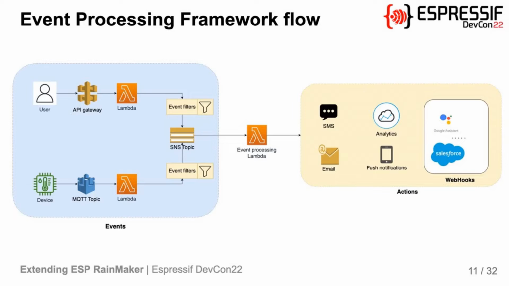The events which are triggered go to the SNS topic, and this SNS topic is subscribed to the event processing lambda. Your event processing lambda will require permissions to access all the 16 event topics that Rainmaker provides. And then it can do any custom actions, as discussed: sending SMS, emails, doing some analytics, push notifications, or webhooks. This is the entire event processing framework.